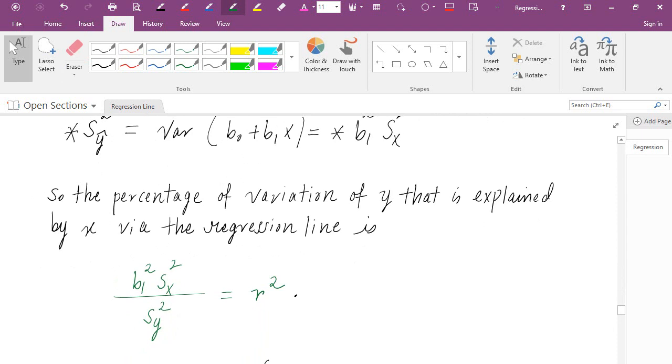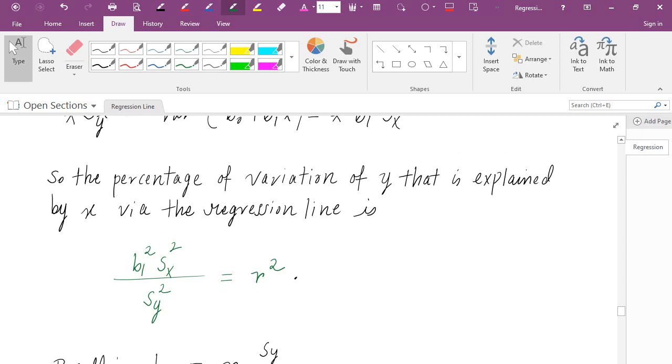So the percentage of variation of y that is explained by x via the regression line is given by this formula.